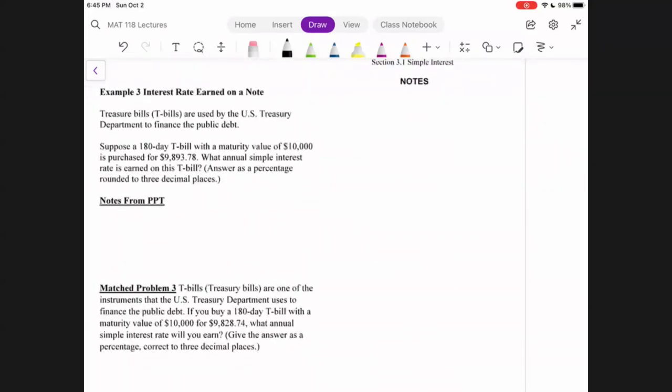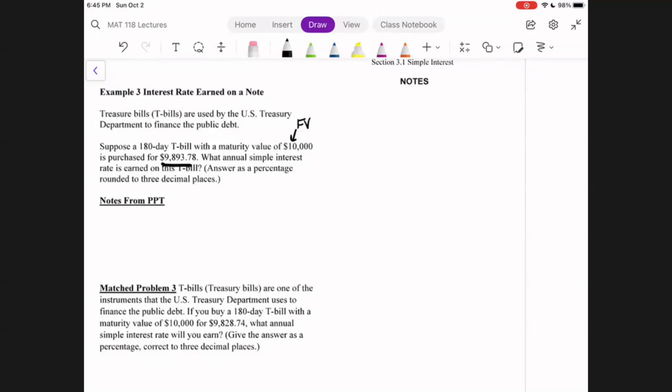Treasury bonds. Suppose we have a 180-day treasury bond, a T-bill, with a maturity value. That's what the future value will be. Mature means it's going to grow to that point, and then we purchased it for this. This is your present value, how much we purchased it for.